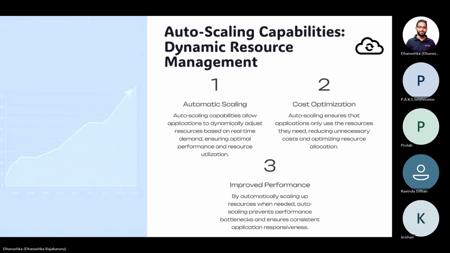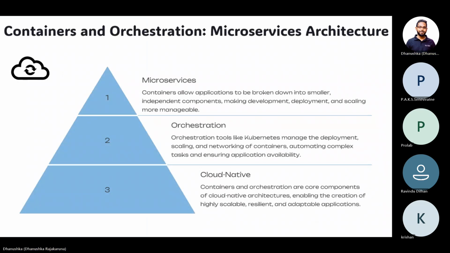So the next one will be microservice architecture, containers and orchestration. Microservices allow applications to be broken down into small independent components, making development, deployment, and scaling more manageable. Then orchestration tools like Kubernetes manage the deployment, scaling, and networking of containers automatically, handling complex tasks and ensuring application availability.